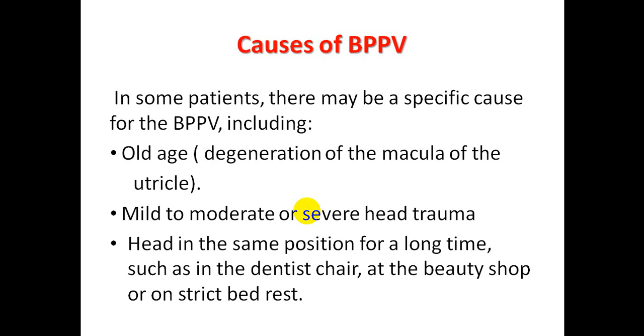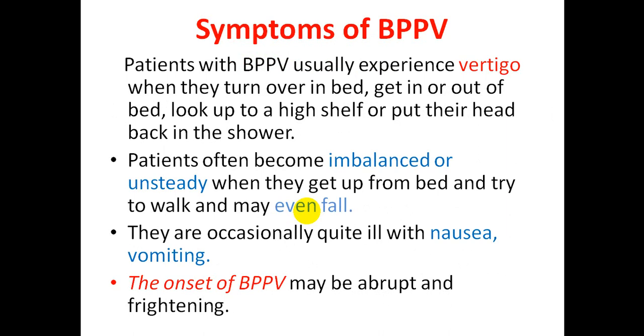This degenerative process causes shearing of the crystals, which fall into the posterior semicircular canal. Number two, head injury. Number three, if the head stays in the same position for a long time, such as in the dentist chair or at the beauty shop or on strict bed rest, it can cause benign paroxysmal positional vertigo.